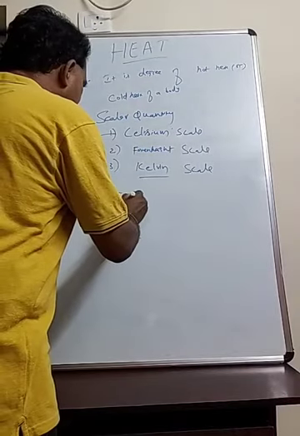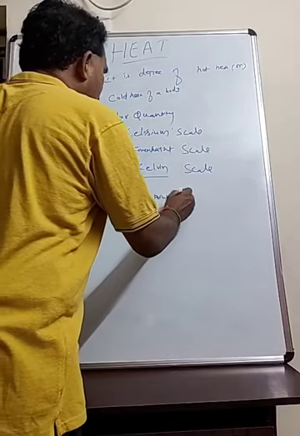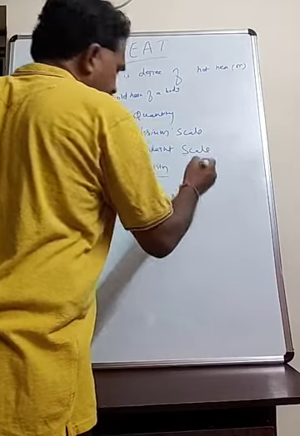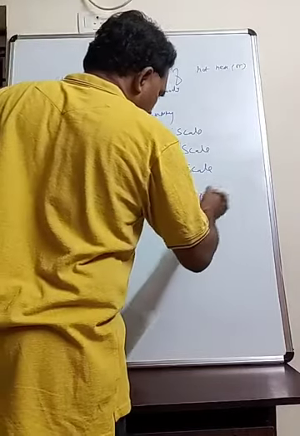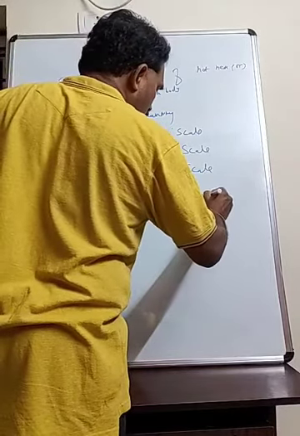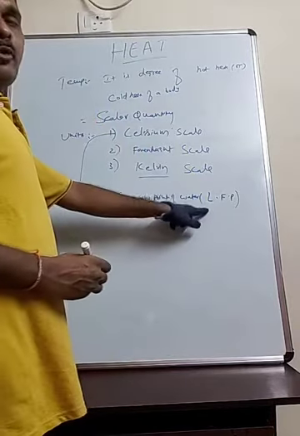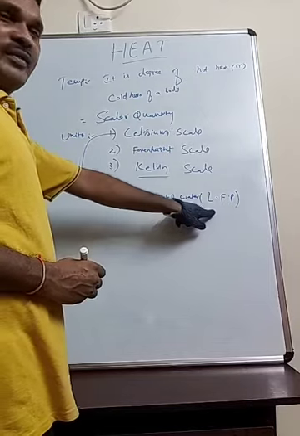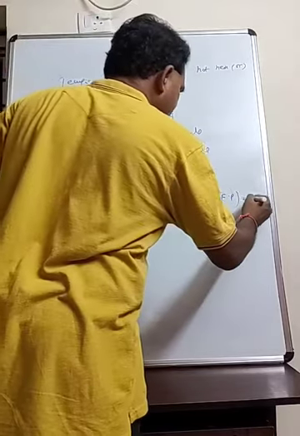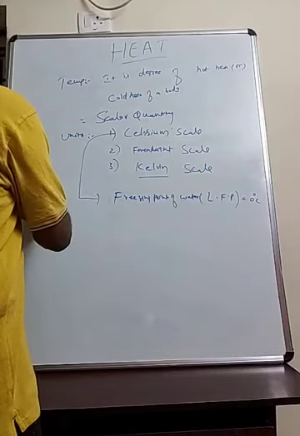The freezing point of water is also called the lower fixed point, and that is the starting point of the Celsius scale, 0 degrees. We are going to define the Celsius scale here.